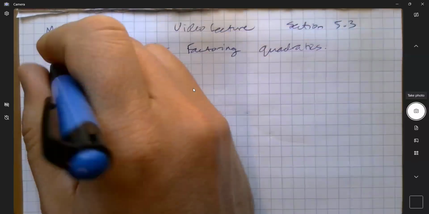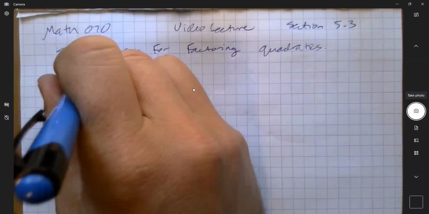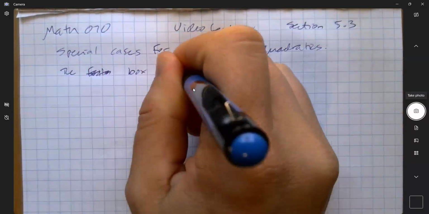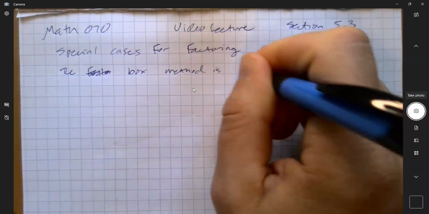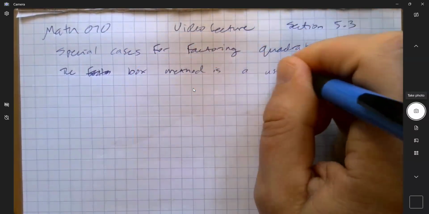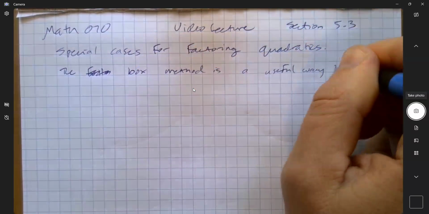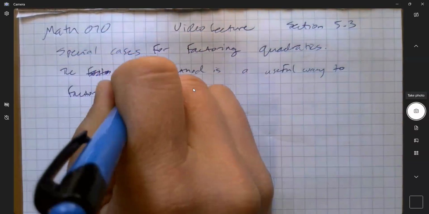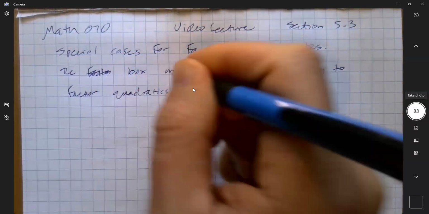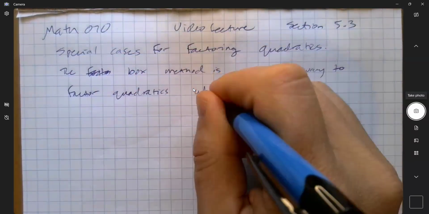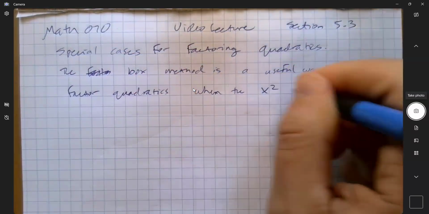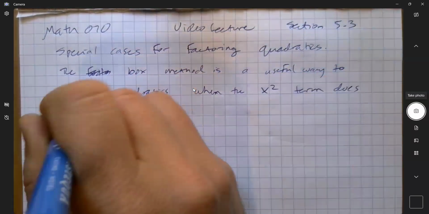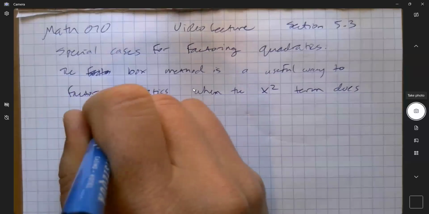So just as a reminder, the box method is a useful way to factor quadratics when the x squared term does not have a leading coefficient.